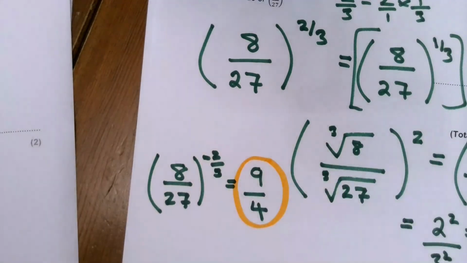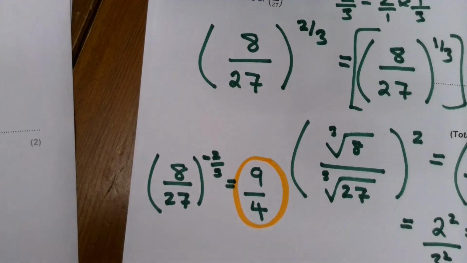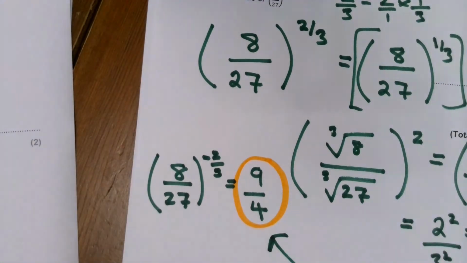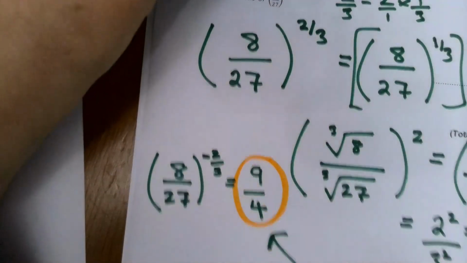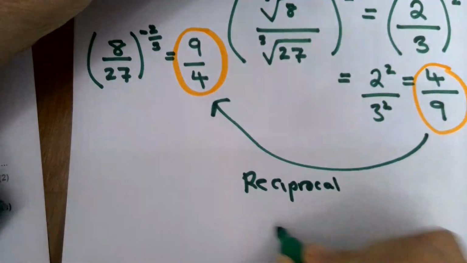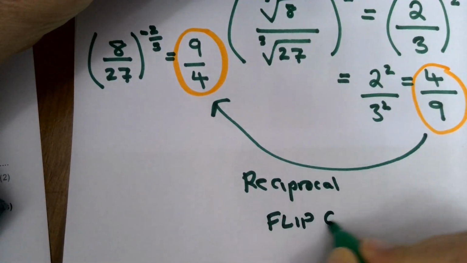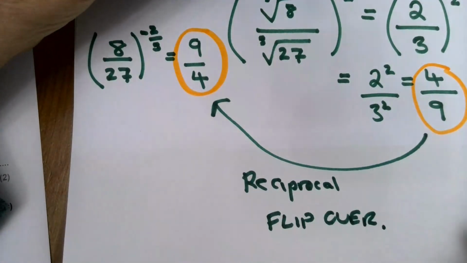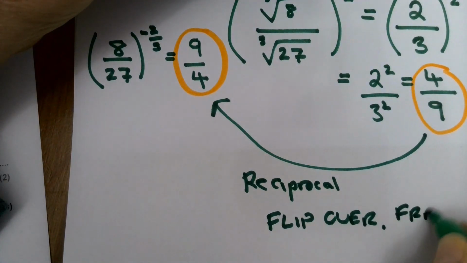Remember, negative power just means the reciprocal of the positive power. Reciprocal just means flip over. So remember, the word reciprocal just means flip over the fraction. And that is a tricky question.